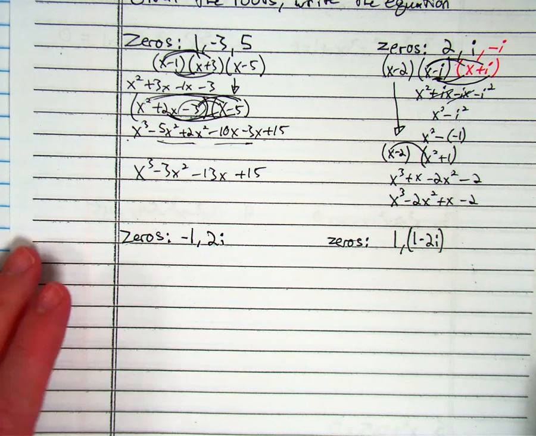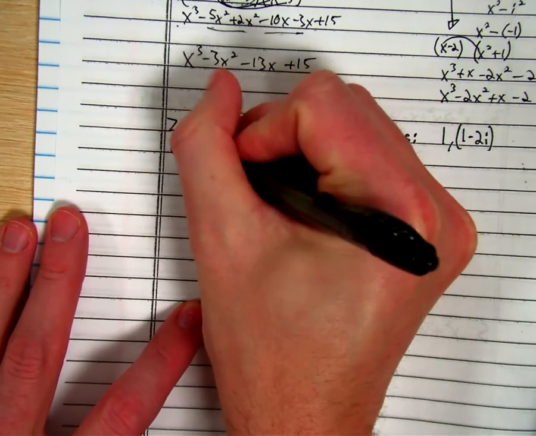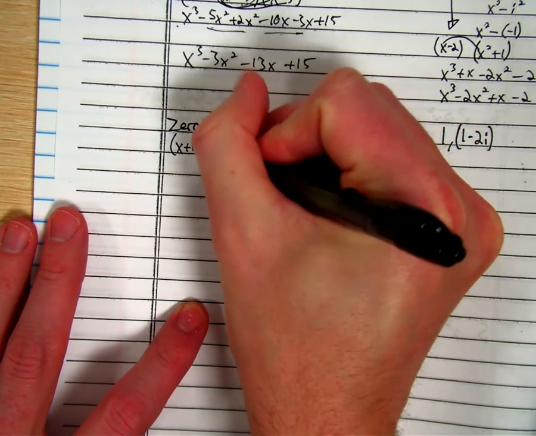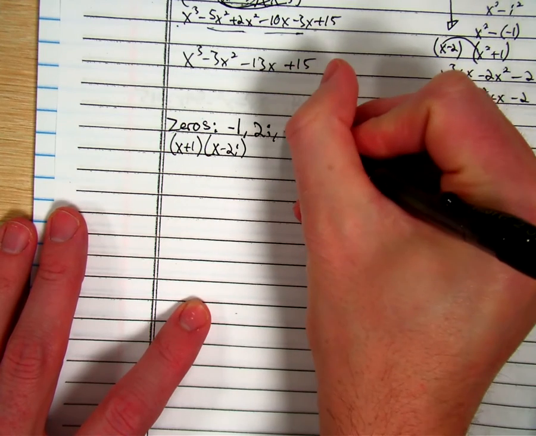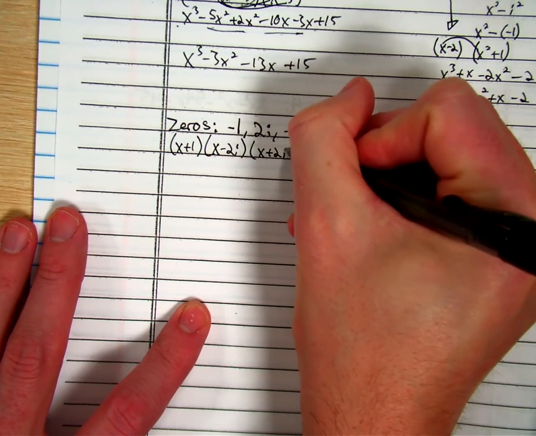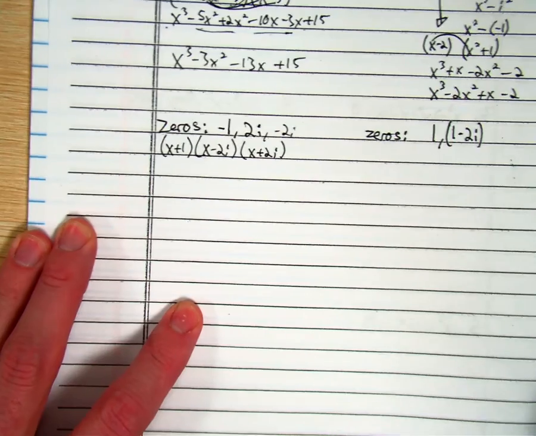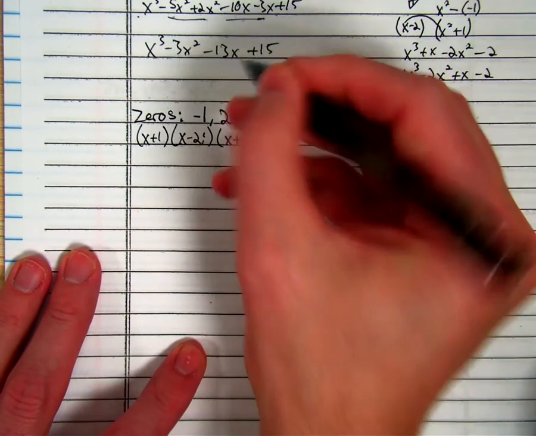Okay, welcome back. Let's see how you did. Shouldn't be too bad here. We got x plus 1, x minus 2i, and if we have 2i, we have negative 2i, x plus 2i. We want to multiply our i parts here first.